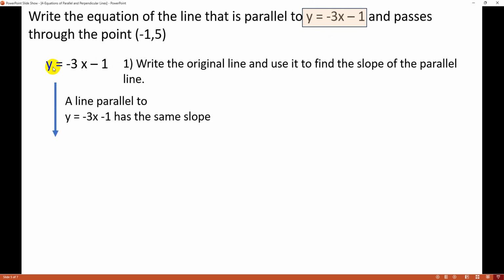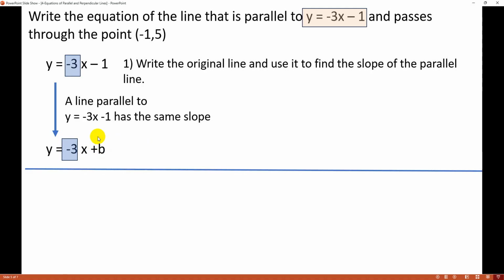A line that is parallel to this line is going to have the same slope. So the parallel line will look like this: y equals negative 3x plus b. The slope is the same, but the y-intercept has to be different. So we don't know what the y-intercept of this parallel line is yet.